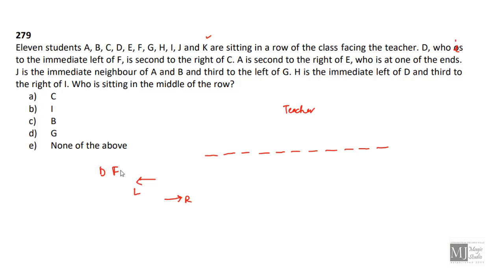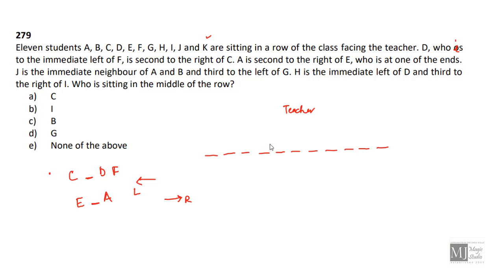Immediate left of F, that means there should be DF, is the second to the right of C. C 1 2. So that should be the pattern. A is second to the right of E. So right of E, this should be the pattern.